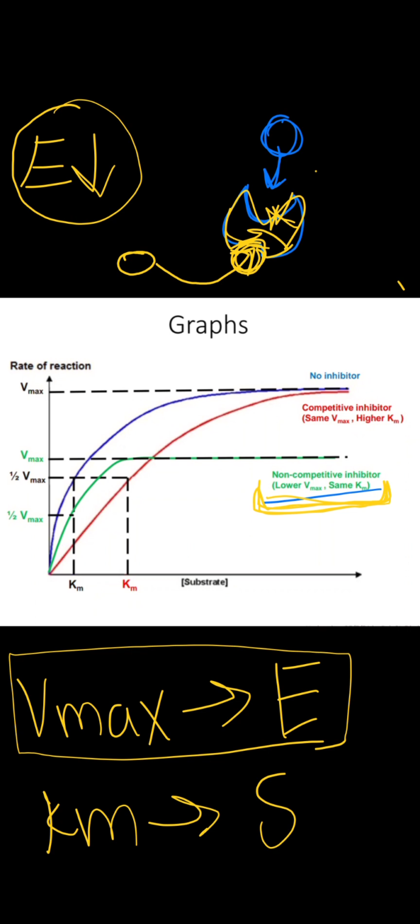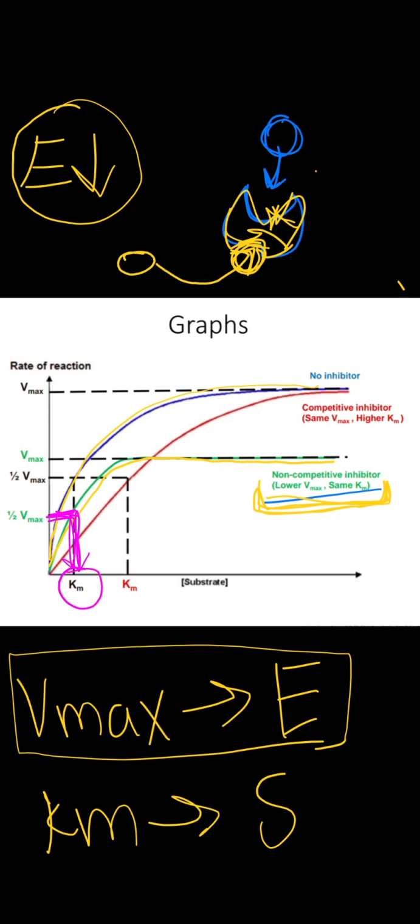Now, after we explained everything, again, that was the no inhibitor, and we're talking about the non-competitive inhibitor, which is the green one. Great. Now, you can notice here, alright, that they go down to the same Km.